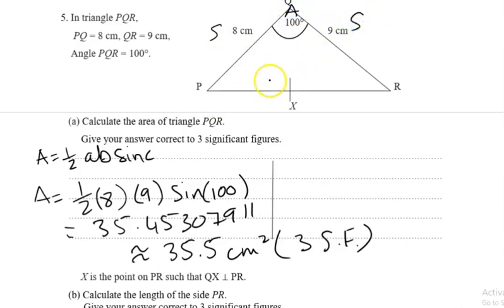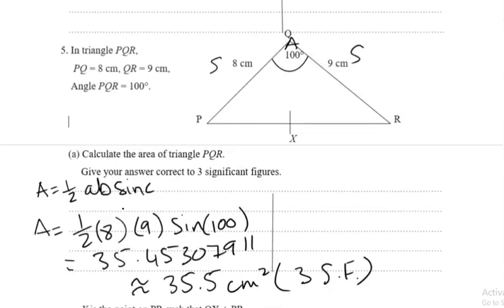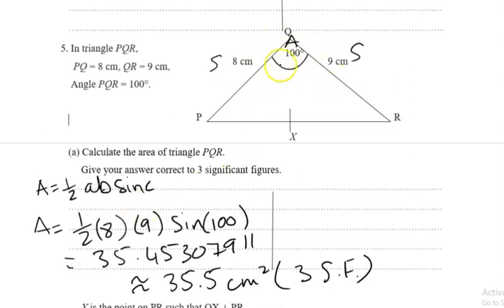We're going to be using cosine rule. So a squared equals b squared plus c squared minus 2bc cos A. Now over here, this is the angle we're using, and this is the side we're working out. So these are going to be the two adjacent sides, that is A and B.